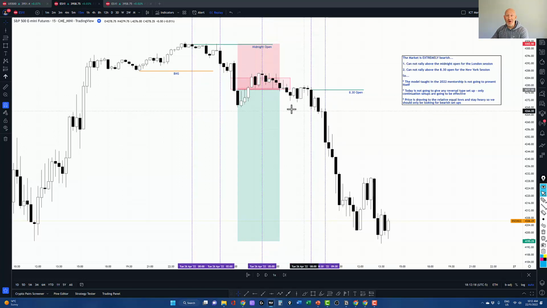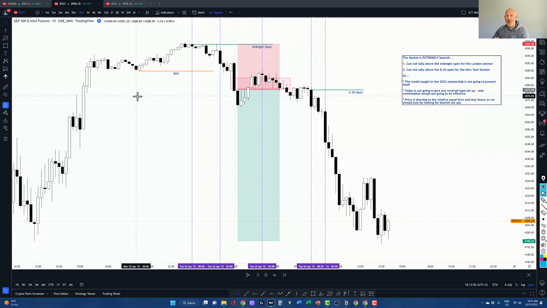As I said before, we're not going to get that grab of liquidity prior to the fair value gap being set up. And so in this example, only continuations are really going to be successful. We're not going to get more of a reversal type of setup in terms of applying ICT's concepts on this particular session. And so that's not to say that we can't use the fair value gap setups.